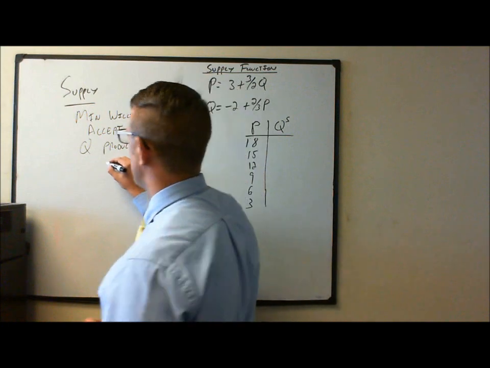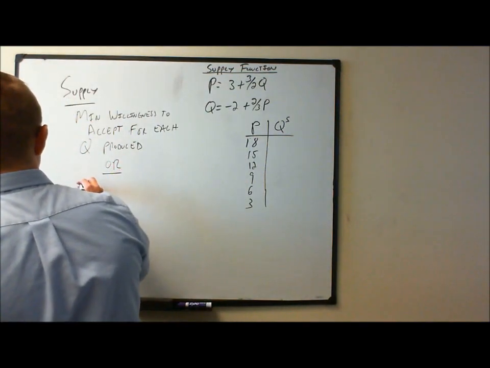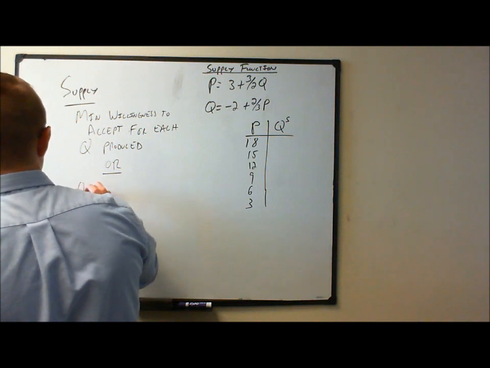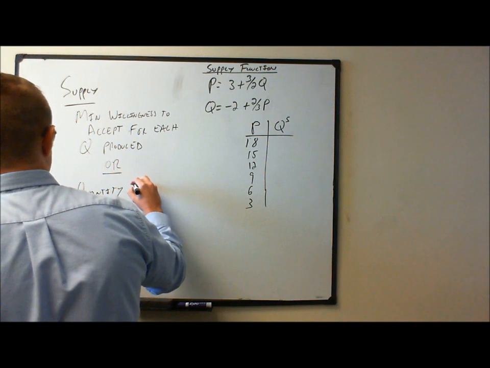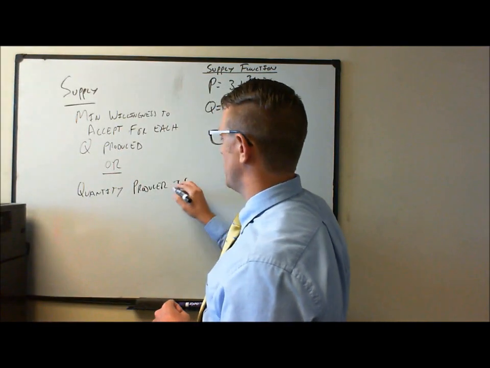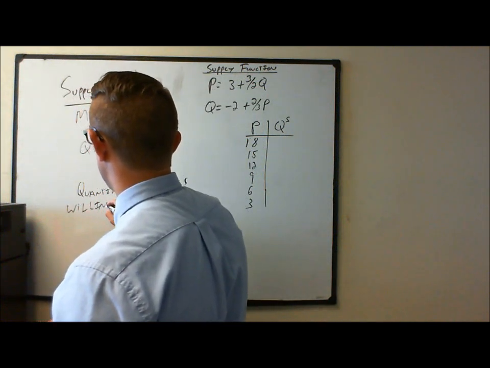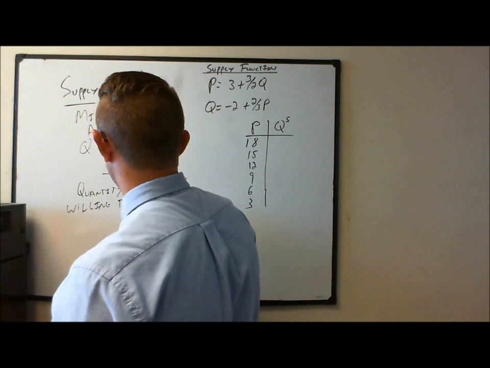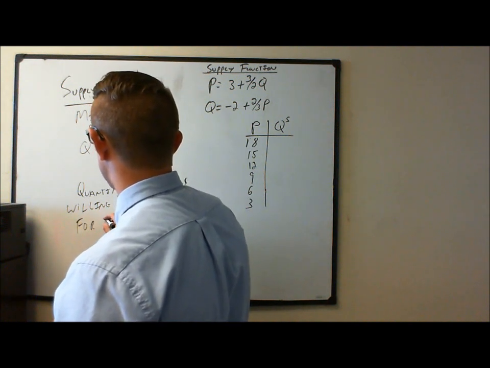The other way to think about it is that this is the quantity the producer is willing to produce for each price.